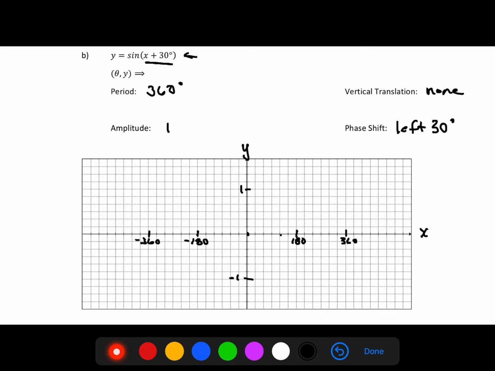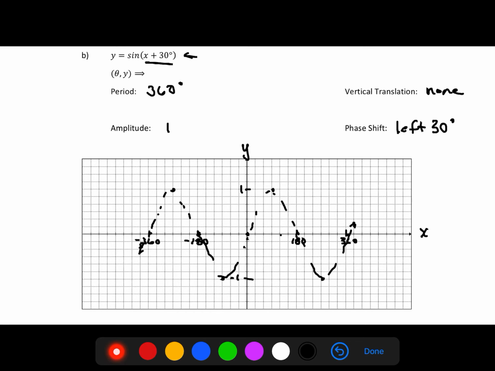Again, if we want to graph our base function, we can do that using our key points very easily. And we have, again, a dotted line because this isn't our final graph that we want to use.